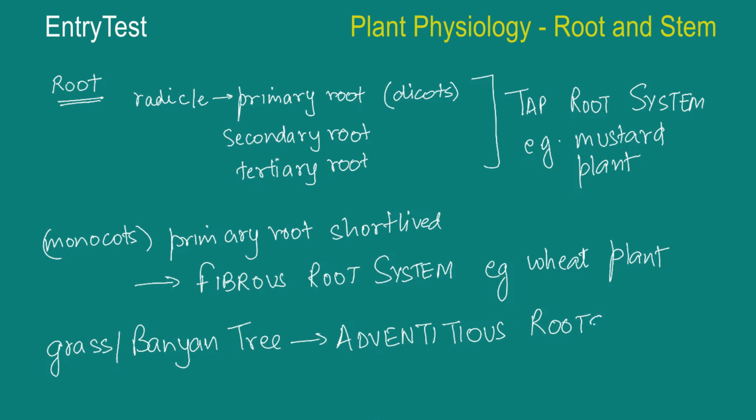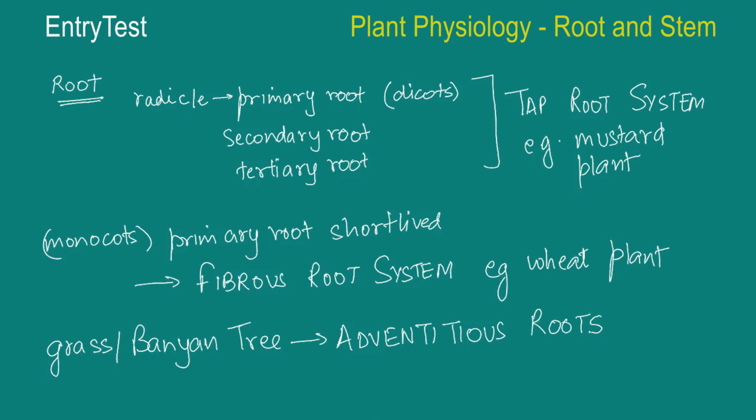Now these roots arise from other parts of the plant other than the main radicle. And you can see in a banyan tree, the roots even come out of the branches of the tree, and they also, due to the gravitational force, come down and may even enter the ground. So that is about the banyan tree and the grass, where adventitious roots are there.